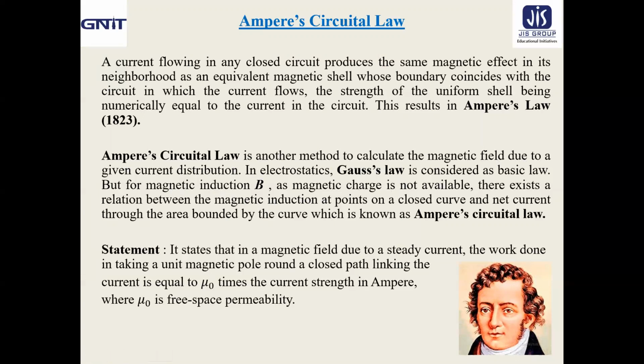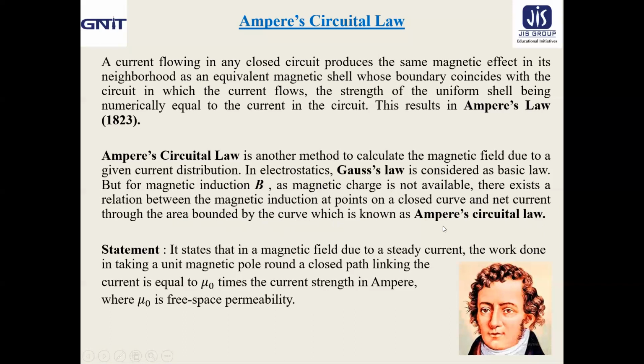So, in the same form as Gauss's law, we cannot get any equivalent law in magnetostatics. But there exists a relation between the magnetic induction at points on a closed curve and the net current through the area bounded by the curve, which is known as Ampere's circuital law.